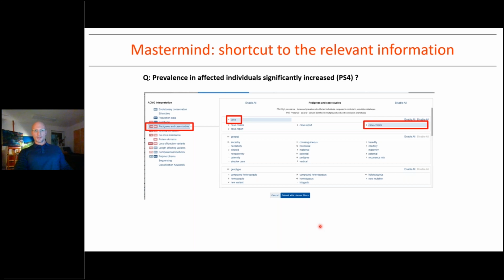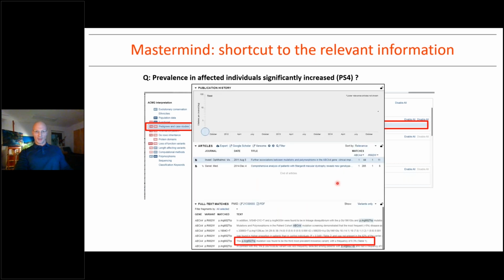And last but not least, I can look for case-control studies here by choosing this setting. And I find the quote that this variant really has a high prevalence, almost 6.6% of all pathogenic variants are this specific variant.